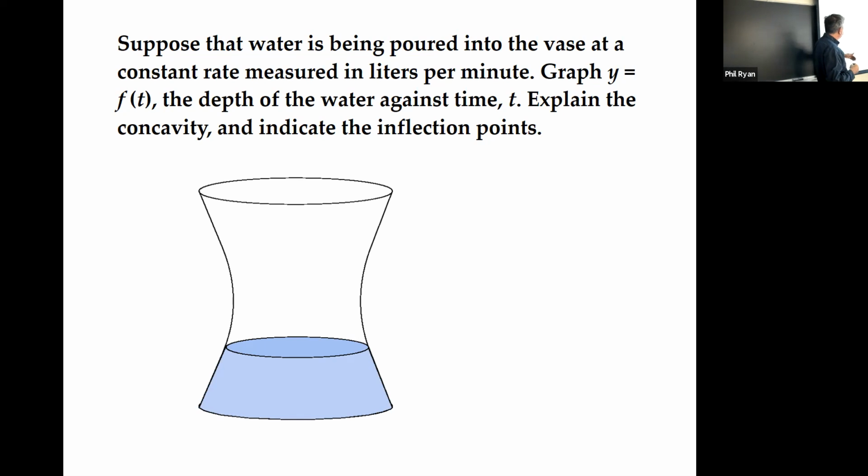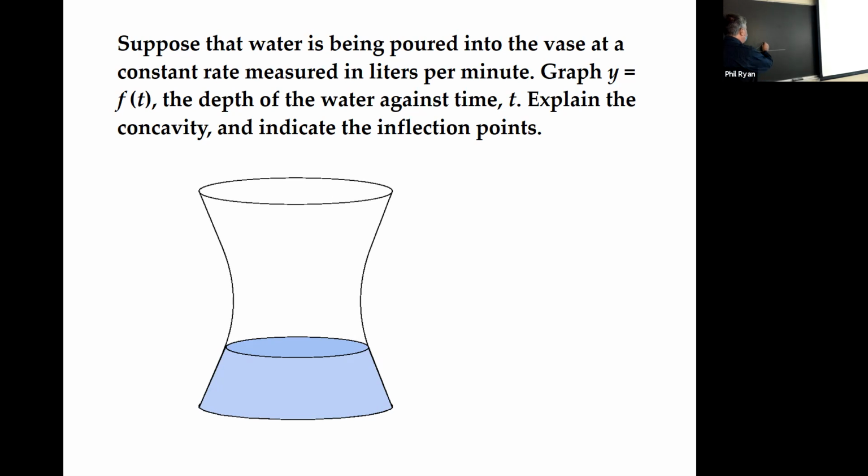If water's coming in at a constant rate, then if the vase is narrowing, the rate at which the height is filling up is speeding up. So we would expect a nice concave up shape like this. We would start at 0 when we started filling it up, and it would speed up.